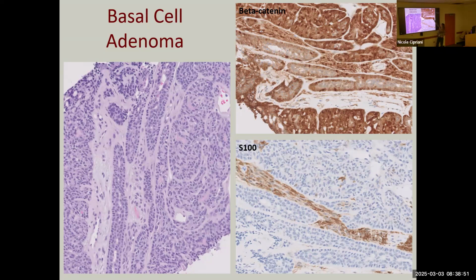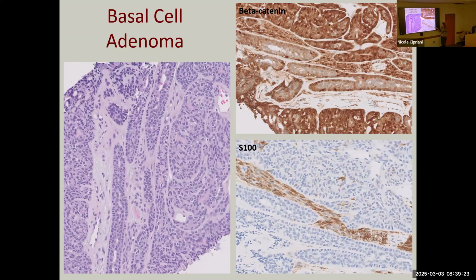But not every single nucleus is going to have beta-catenin in it, and that is okay. Because if you are another tumor on the differential diagnosis of this, zero nuclei are going to have any beta-catenin staining, right? So in this case, you have multiple nuclei, even if it's not 100%. So that's positive. You also have this very vague, sometimes nondescript stroma in the background that is richly S100 positive.